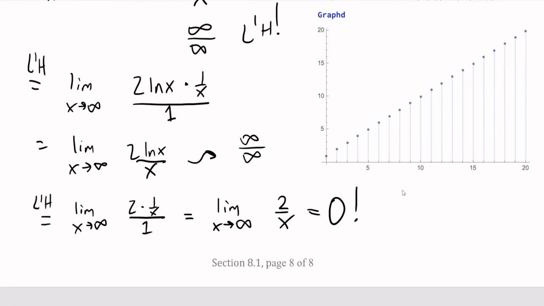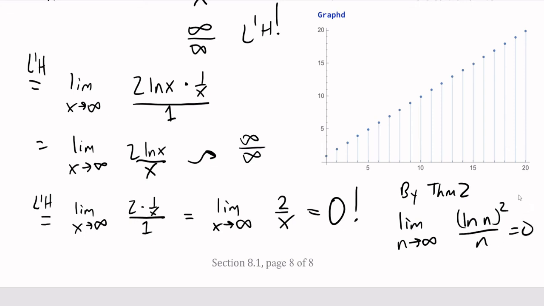So then by theorem 2, if this limit is 0, our original one is also 0. The limit as n goes to infinity of natural log of n squared over n is 0. Boom.